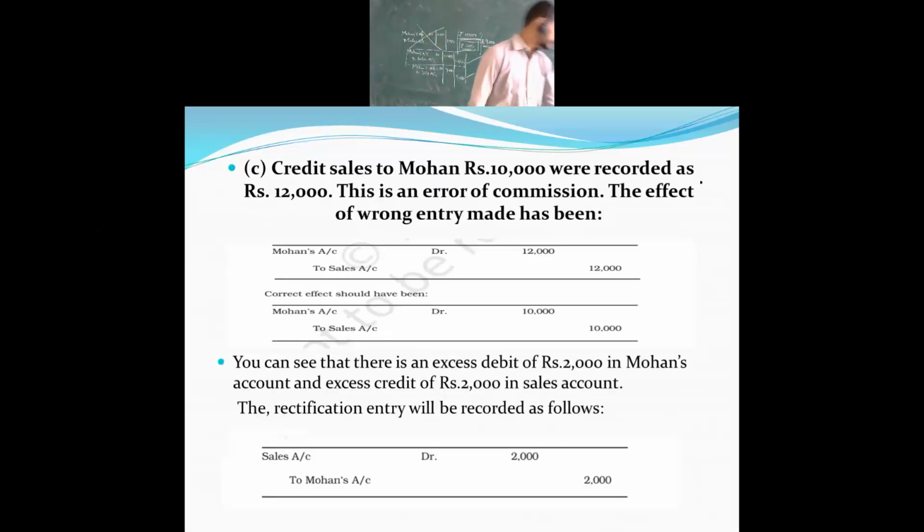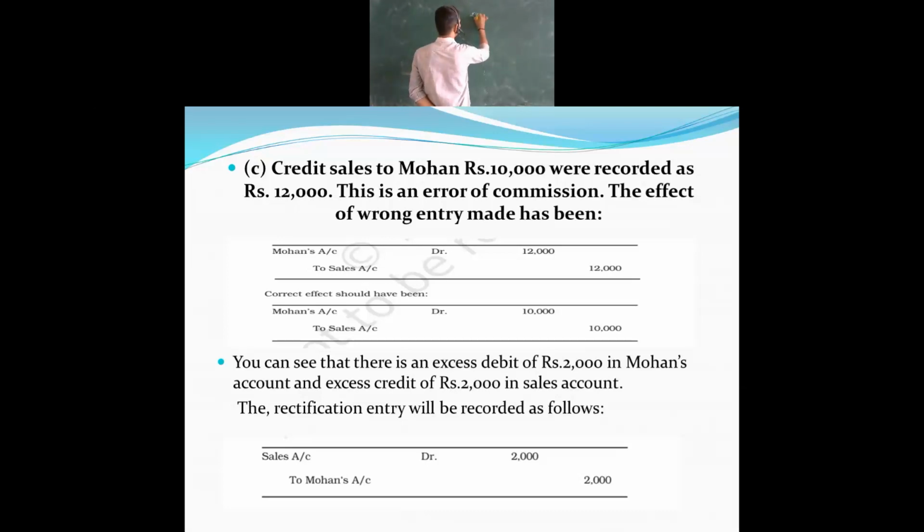Let's move further. Here, one more entry. Now credit sales. Now each and every transaction you are going to find out. Over, under, cost, amount and all. Every point you will get over here. Here, the third point, what has been told? Credit sales to Mohan rupees 10,000.